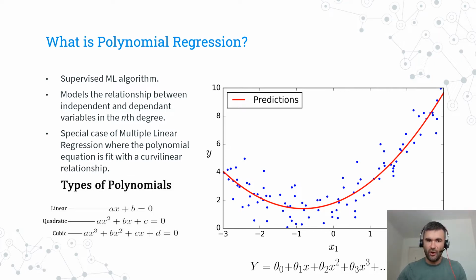It's also known as a special case of multilinear regression in machine learning, because we add some polynomial terms into the multilinear regression equation to convert it into a polynomial regression. If you take a look at the equation of polynomial regression at the bottom of the current slide, you can see that the x variable differs in degree when compared to simple linear or multilinear.